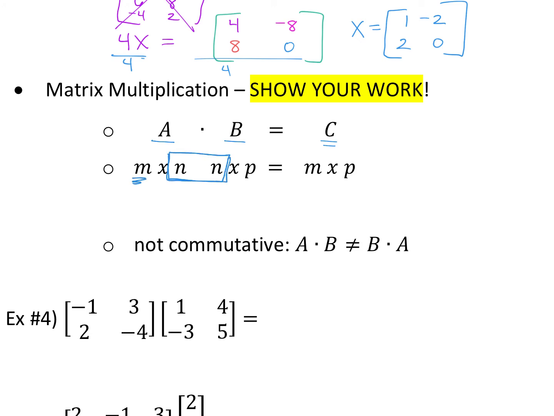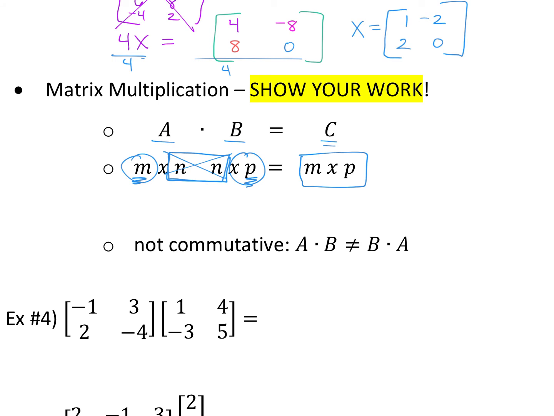This one doesn't matter, this one doesn't matter, but those two middle numbers, whatever, not coordinates, dimensions you have there, they have to be the same. If they're not, you cannot do it, okay? What happens is when those are the same, they end up just going away and you're left with an M by P matrix. Okay, so whatever your first number and last number of your dimensions are, that will be the dimensions of your new matrix. Okay?